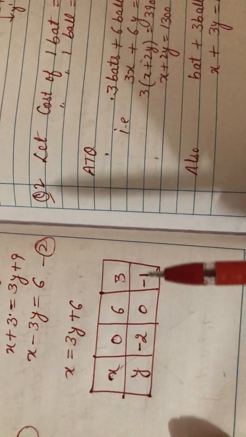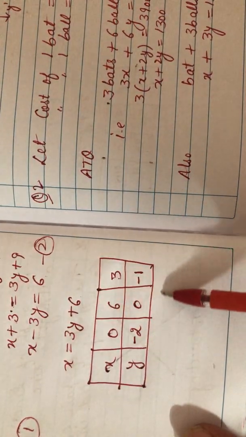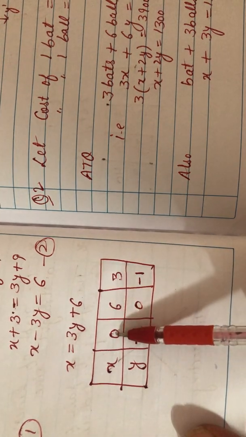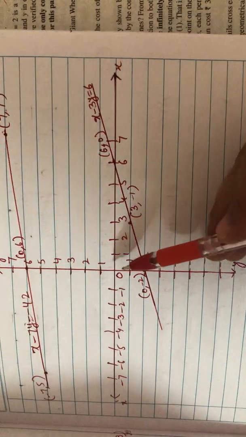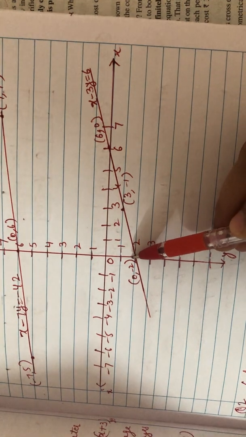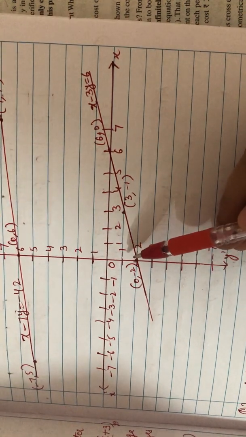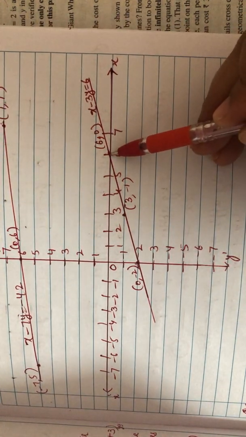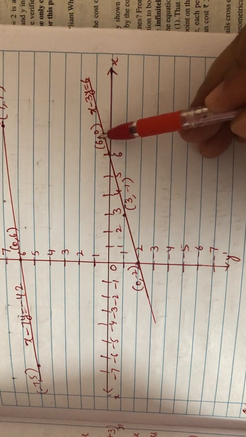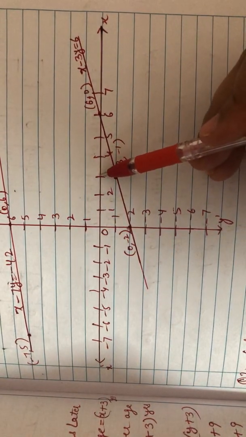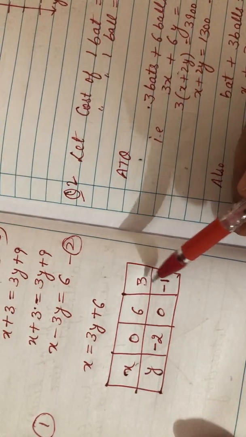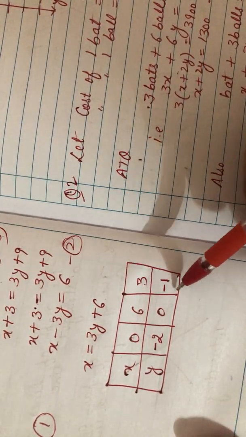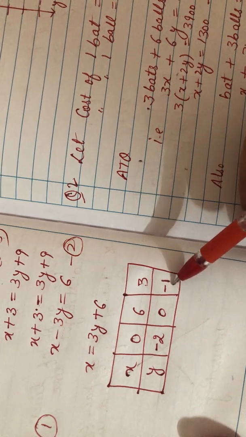Now to plot the graph of the second equation, we have to plot these coordinates. So when x is 0, y is minus 2. x 0, y minus 2 is here. So this is 0, minus 2. Then 6, 0. So this is 6, 0. x 6, y 0 is here only. Then 3, minus 1. So you can see from here we have to plot these coordinates, x 3, y minus 1.